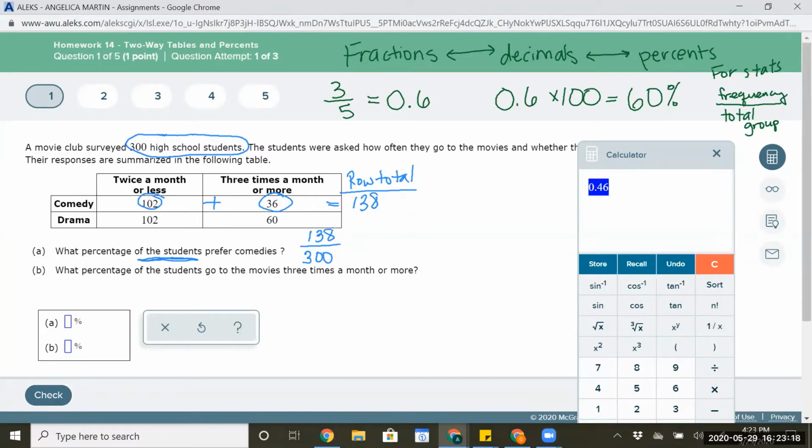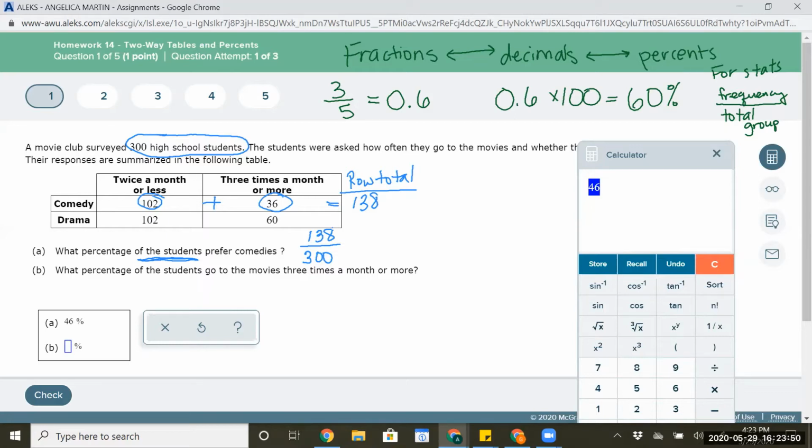Now, I know a lot of you have the percent shortcut memorized, but if you don't, remember that to get a percent, I'm going to go ahead and multiply this decimal by 100. And when I do that, I get 46. So now I can go down here to A and type in 46%. 46% of the surveyed students prefer comedies.